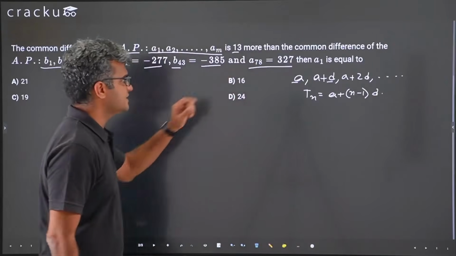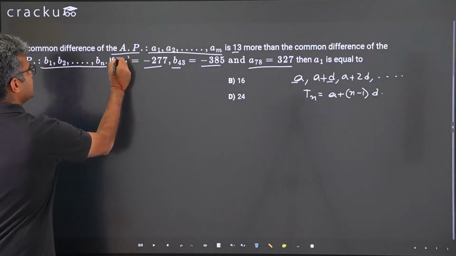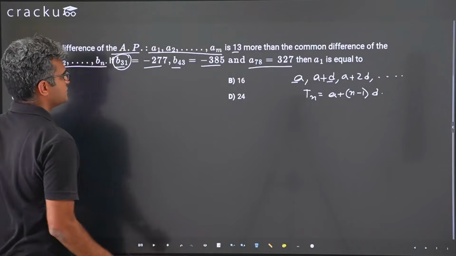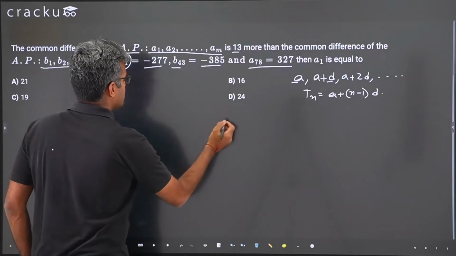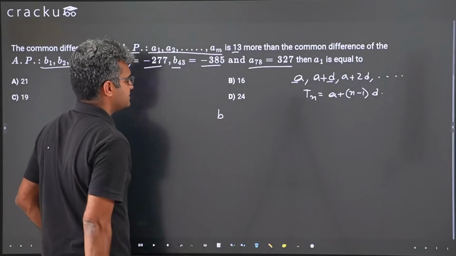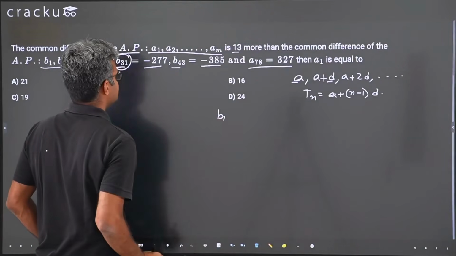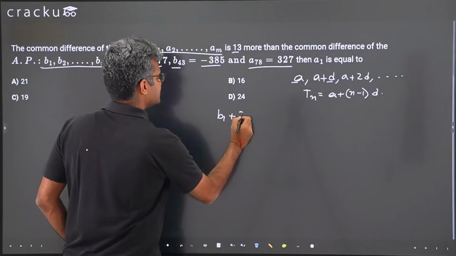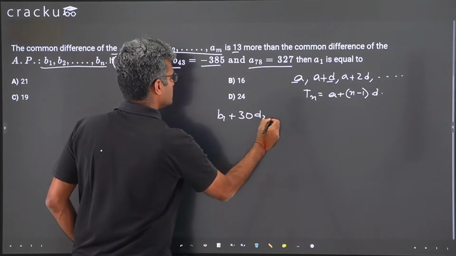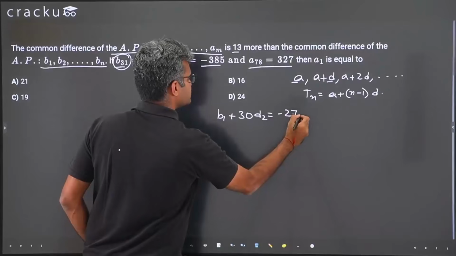If you are looking at the second arithmetic progression, b31 is minus 277. So, assuming that the first term is b1, this is b1 plus 30d2 is equal to minus 277.